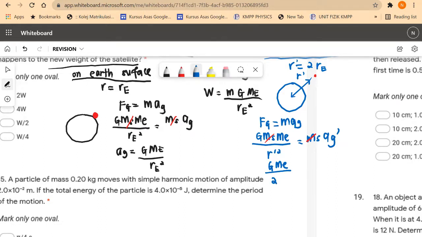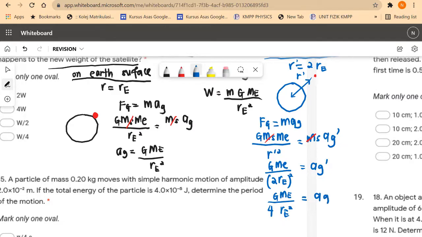It is twice the radius of Earth squared, so this becomes 1 over 4 G ME over RE squared.